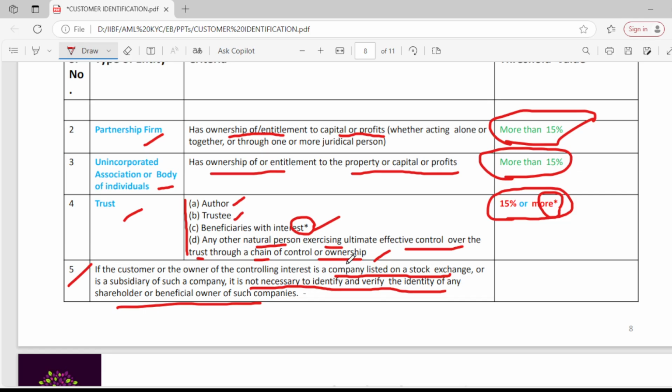If any company is listed on a stock exchange, for that company and its subsidiaries, there is no need to identify beneficial owner. If it is a company listed on stock exchange, then no need to determine beneficial owner.